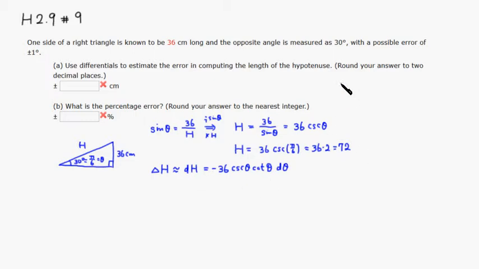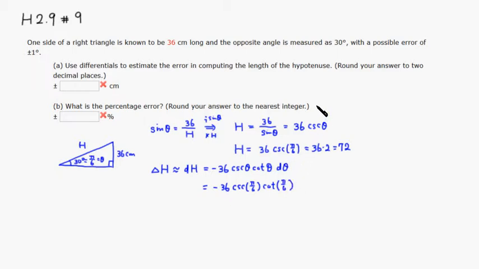Then find its value. The 36 is already given, so negative 36, and theta is 30 degrees, so pi over 6. So it's cosecant of pi over 6 times cotangent of pi over 6.